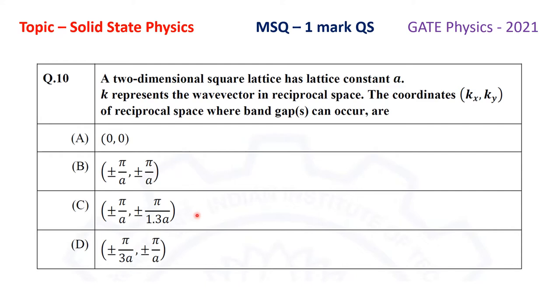Option C, plus minus pi by a, plus minus pi by 1.3a. And the last option, option D, plus minus pi by 3a, plus minus pi by a. As this is a MSQ type question, it is possible to have multiple options correct for this question. So let us see how to solve this problem.